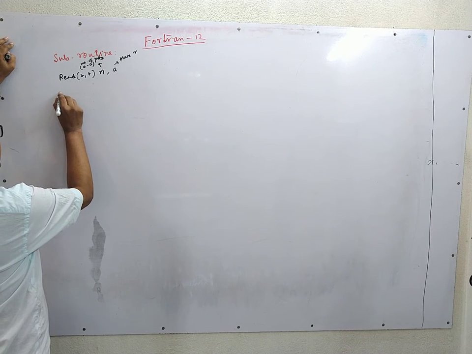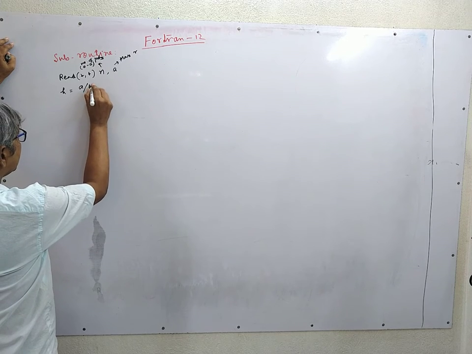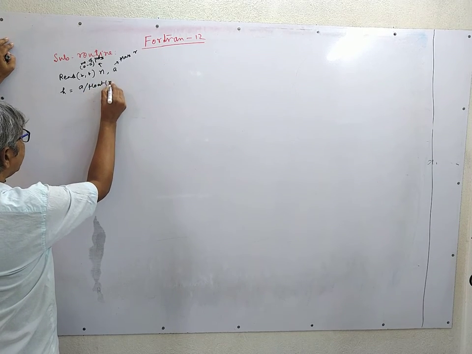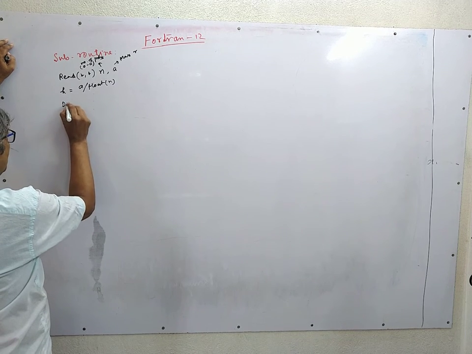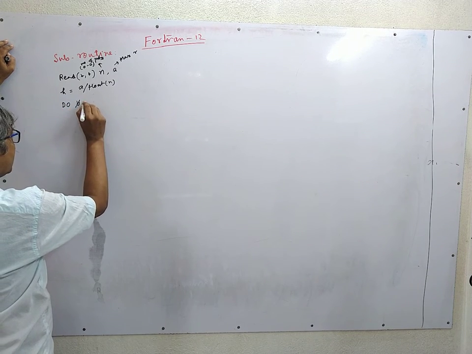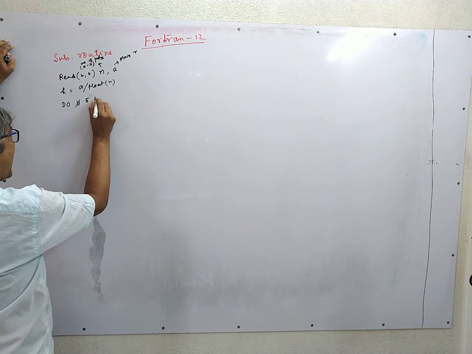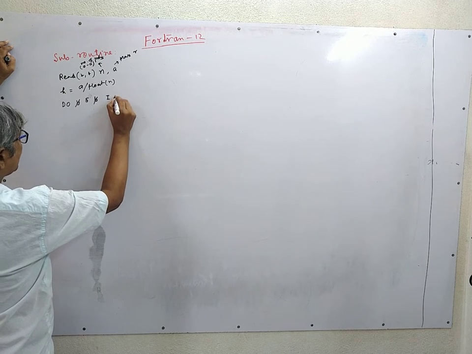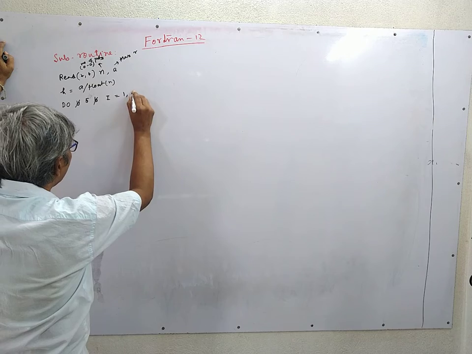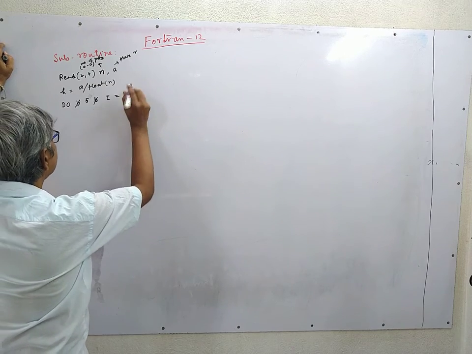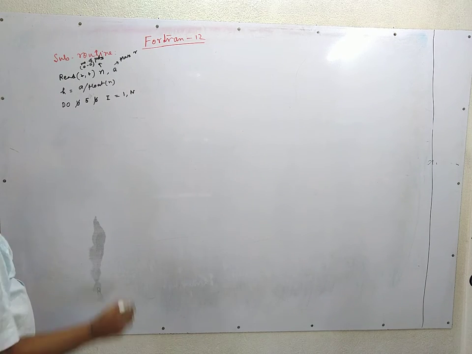So we first define h, the step size, is equal to a by float n. Then do 5 I is equal to 1 to n. Now we first define r.